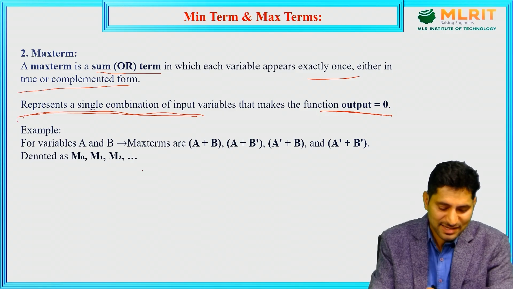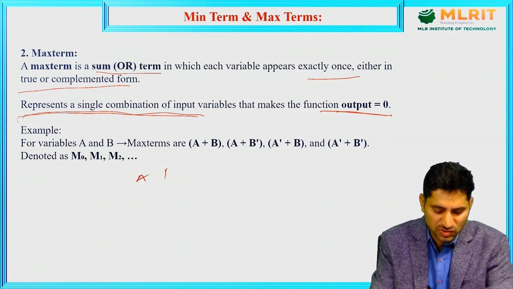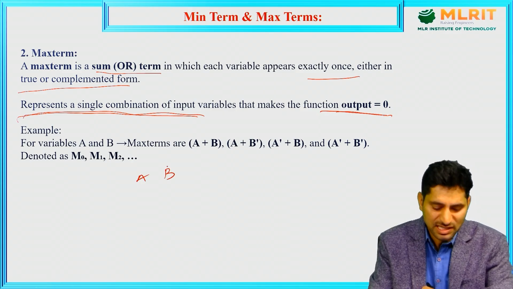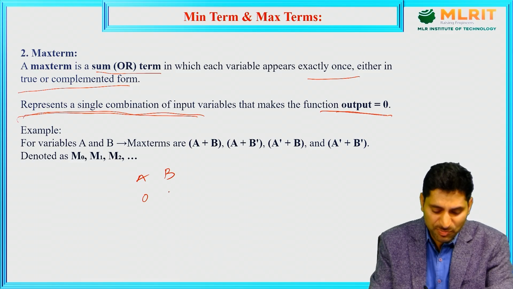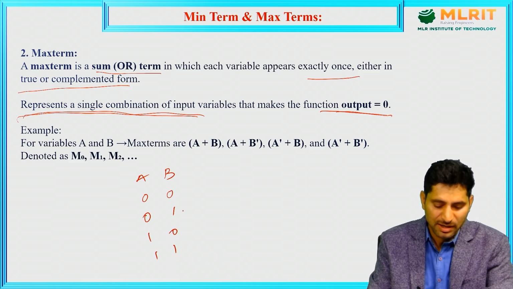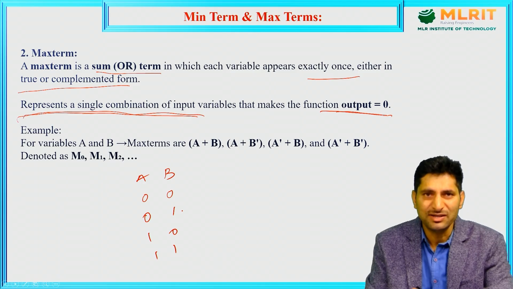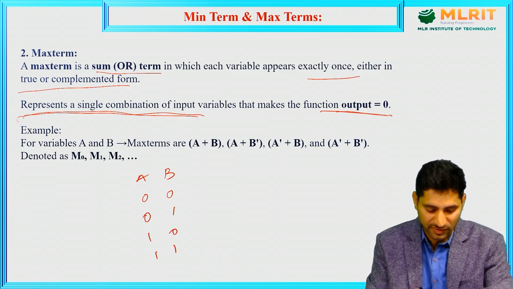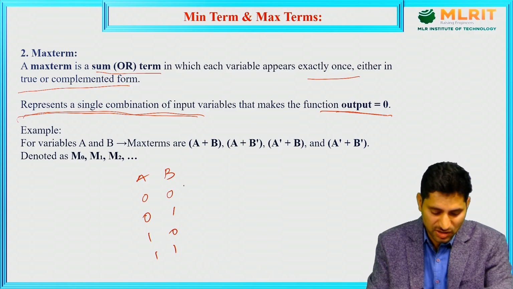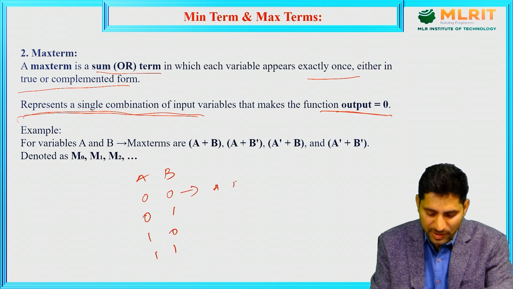Let us take two variables a and b here also. Using these two variables, we will have four possibilities: 0 0, 0 1, 1 0, 1 1. But here, true values are denoted by 0 (complement), and false values are denoted by 1. So 0 0 means a, b.